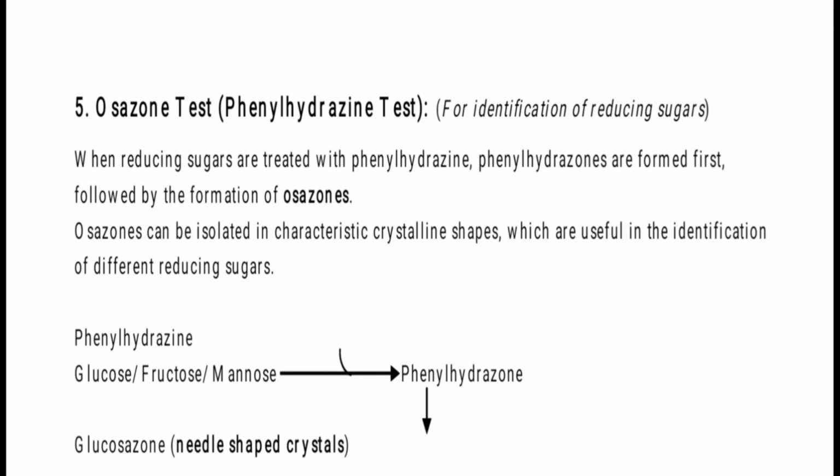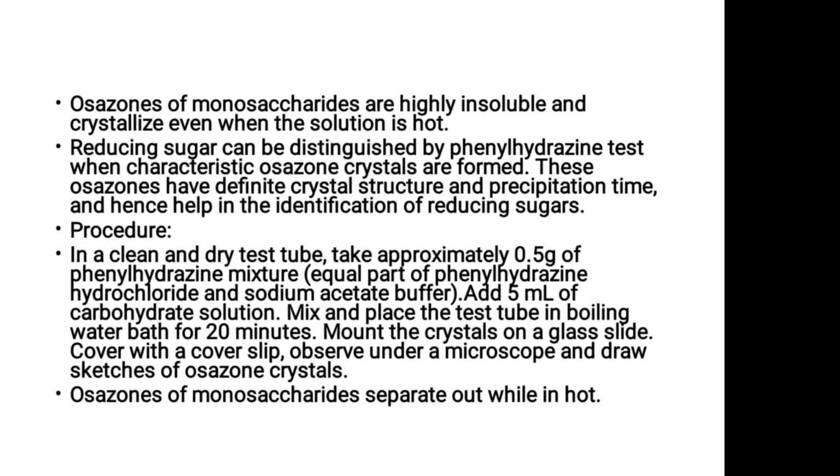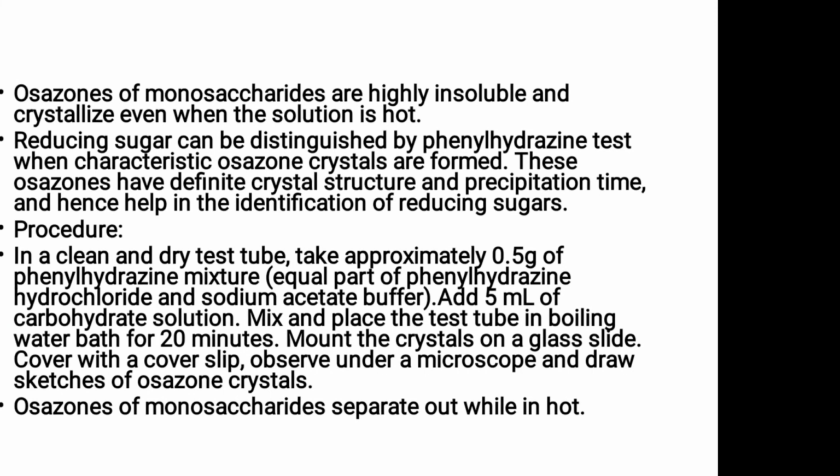For example, when glucose is treated with phenylhydrazine solution, we get glucosazone, fructose gives fructosazone, maltose maltosazone, lactose lactosazone. Osazones of monosaccharides are highly soluble and crystallize even in hot solution. Reducing sugars can be distinguished by the phenylhydrazine test, in which characteristic osazone crystals are formed.